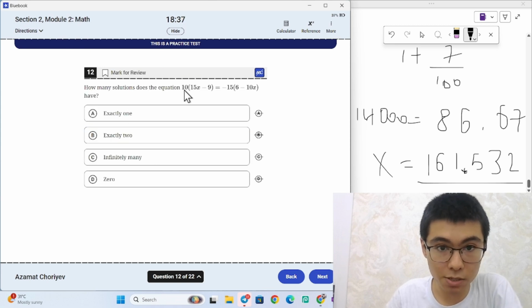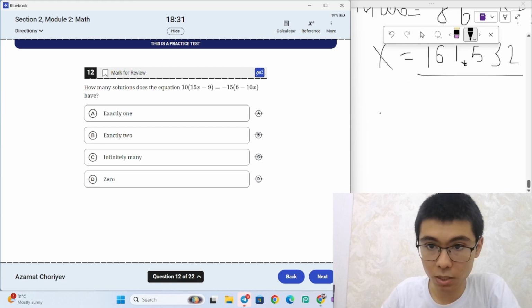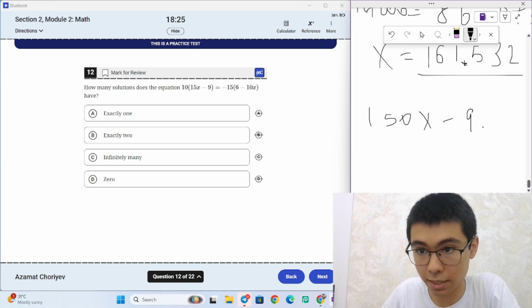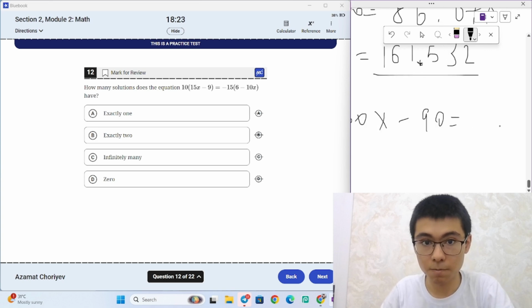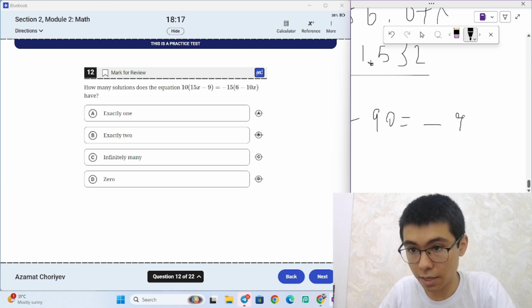How many solutions does this equation have? So let me write that. 150x minus 90 equals minus 90 plus 150x.